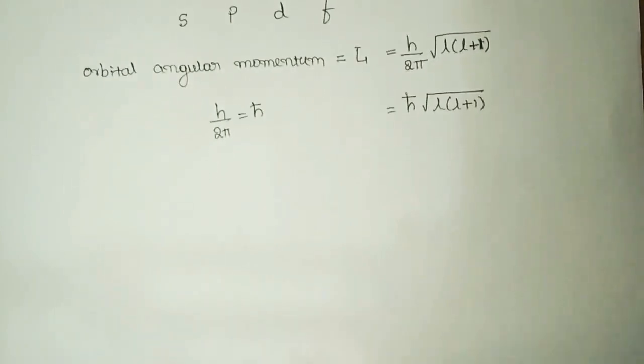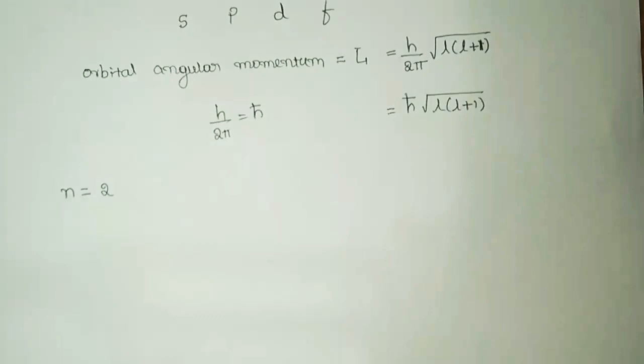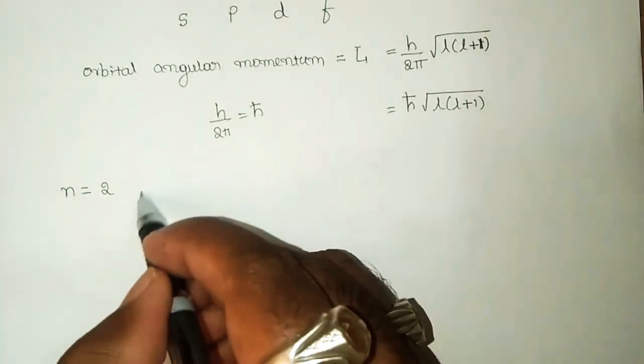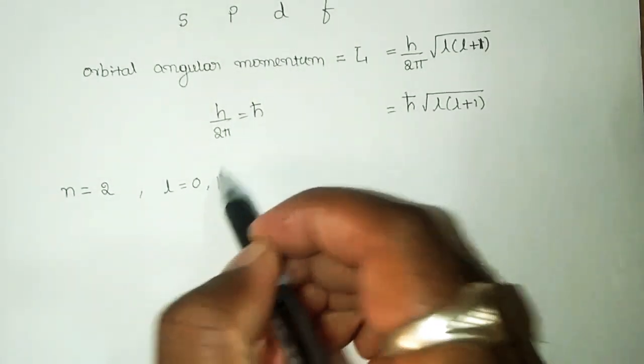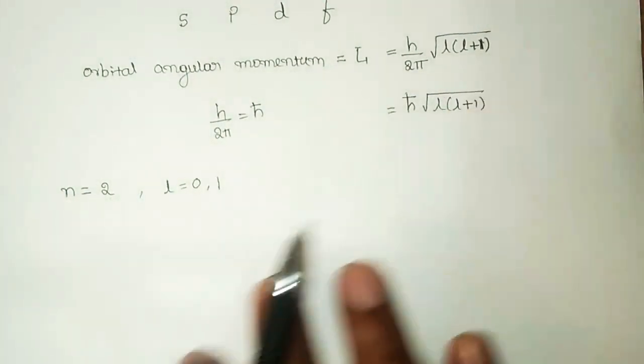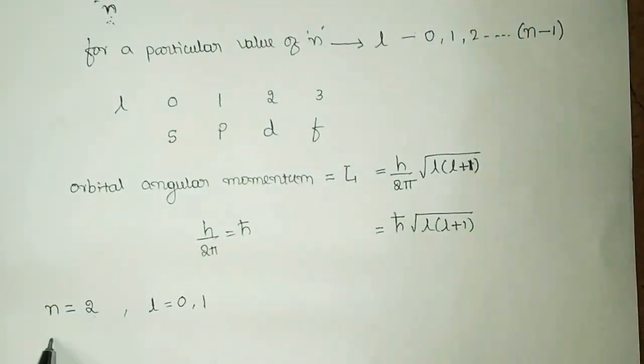So for example, if the value of n is equal to 2, l can take the values starting from 0 and 1. Since n is equal to 2, and just now we said l can take the values up to n minus 1. So here n is equal to 2, 2 minus 1 will be 1. So here the azimuthal quantum number values for n equal to 2 cannot exceed 1. Okay, so here the values of l are 0 and 1.